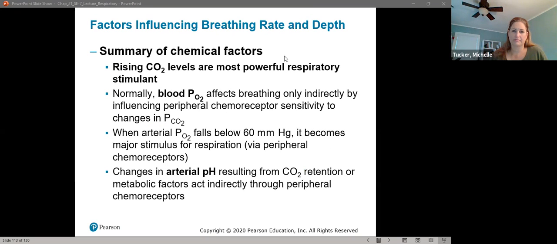Summary of chemical factors. Rising CO2 levels are the most powerful respiratory stimulant. They dissociate into hydrogen ions, and that will affect the chemoreceptors. Changes in arterial pH can also act indirectly through peripheral chemoreceptors, and then normally blood O2 doesn't play much of a factor.